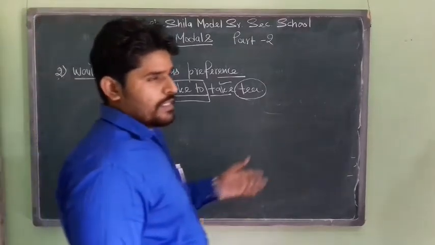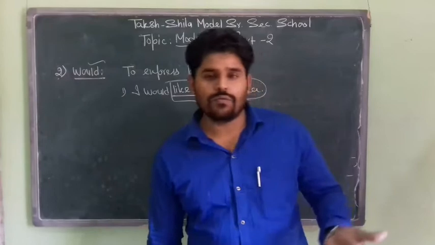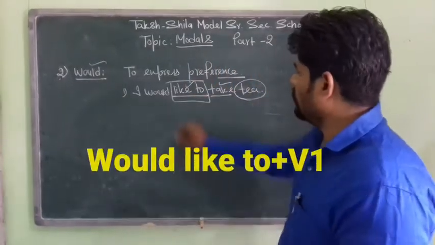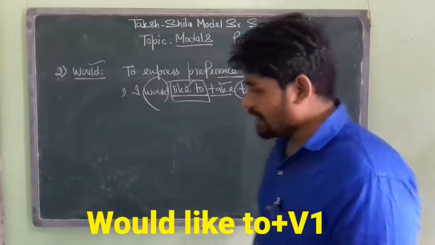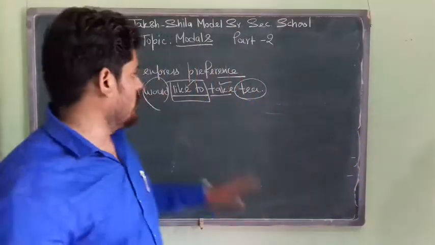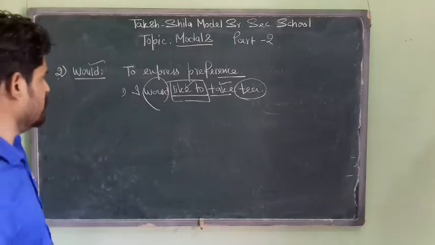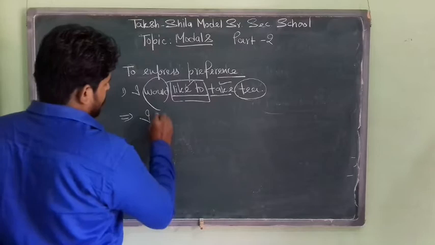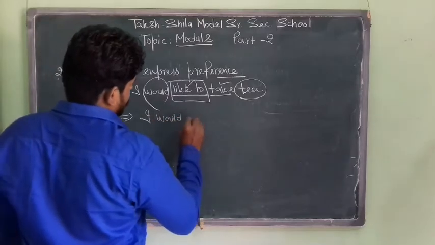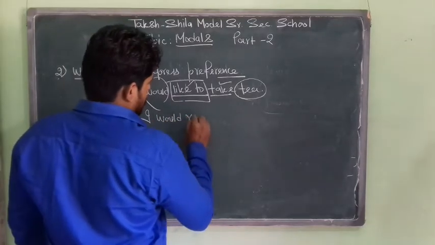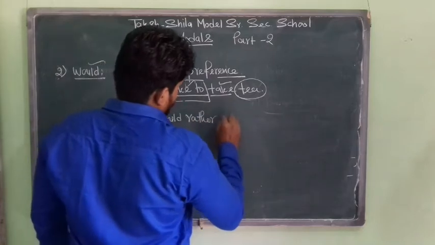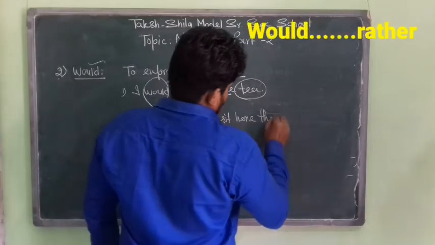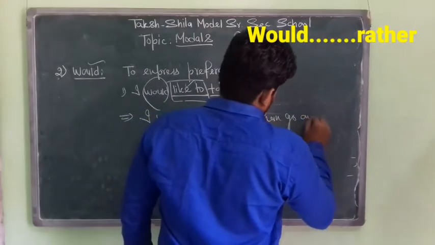So whenever it is something that we come down to form an opinion, whenever there is the use of like to in a sentence, we always use would. Because in this type of sentence, would shows what? It shows preference. And the second use of preference is, I would rather sit here than go out.